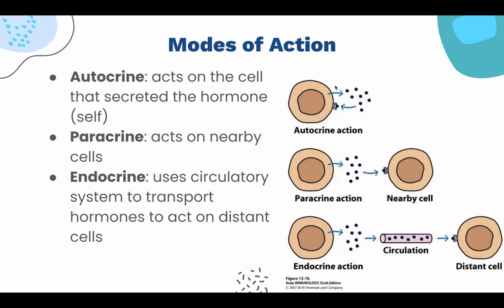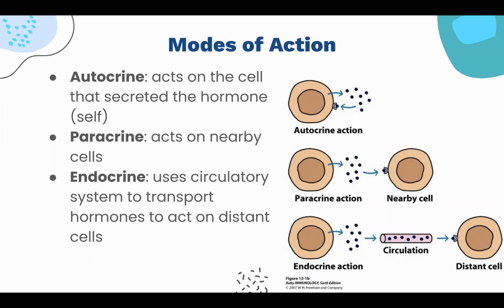Chemical messengers in your body can act in 3 different ways. Chemicals that undergo an autocrine action act on the cell that produces it. So basically, a cell is secreting a chemical that changes its own function. An example would be insulin. We'll talk about this more later, but insulin is a hormone that can bind to insulin receptors on the beta cells that produced it. And paracrine hormones act on nearby cells.